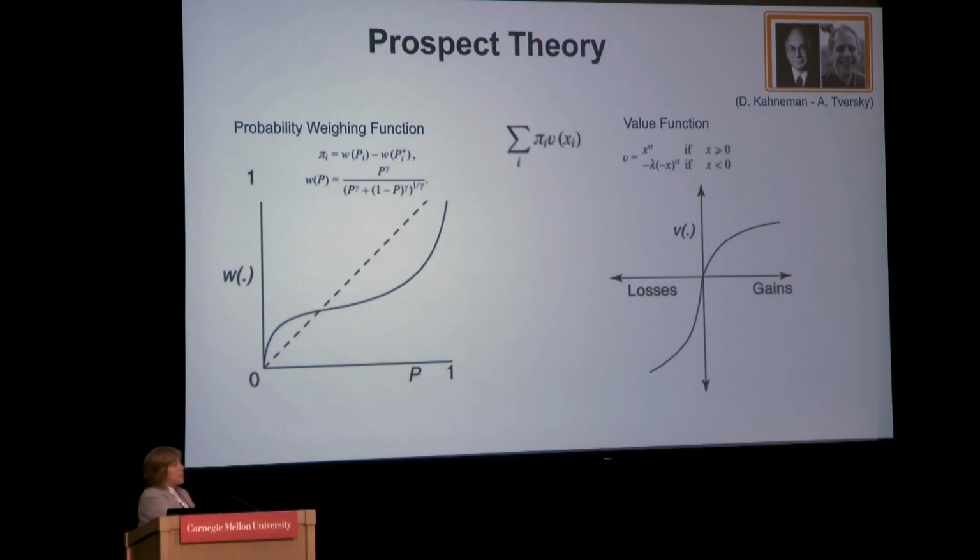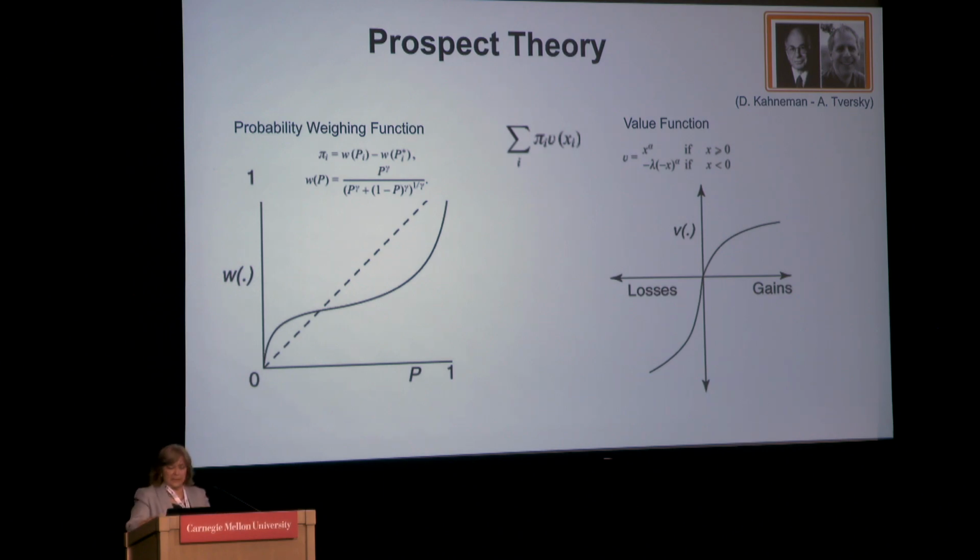This theory also proposes that the value is different for losses than for gains, in a way that there is some form of diminishing sensitivity where higher values are more similar to each other than lower values, but also losses loom larger than gains. So essentially, they propose a transformation of this expected value with the new functions of probability and value and outcome, okay?